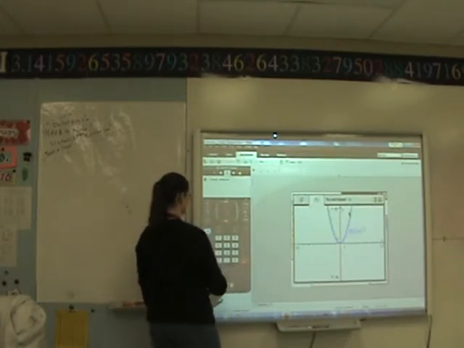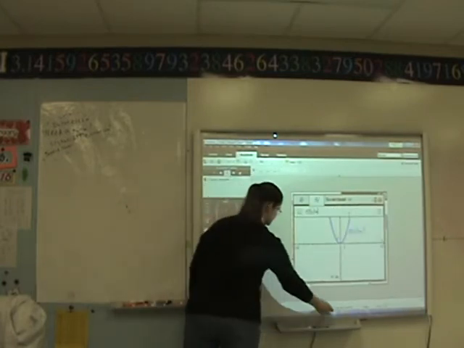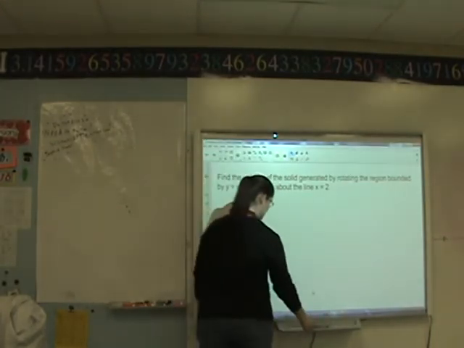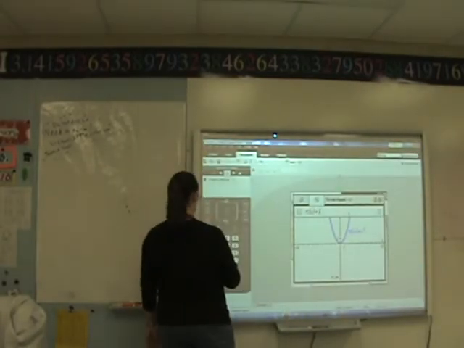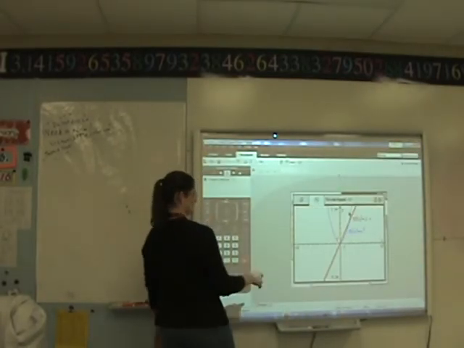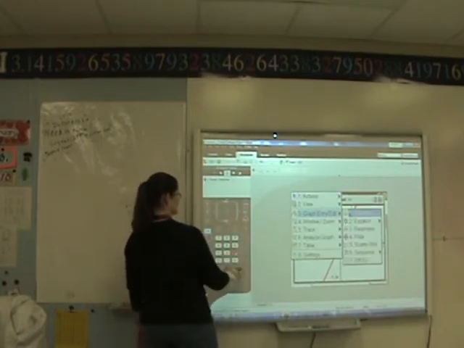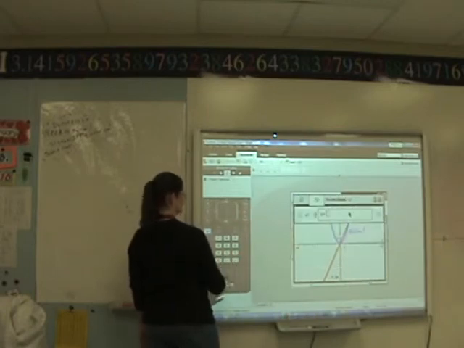X squared, and what was the other thing? 2x? Y'all can't answer me, you're not here. Yes, y equals 2x, and x equals 2. We're going to need that. So to draw a vertical line, you graph entry, edit, equation, line, vertical line.